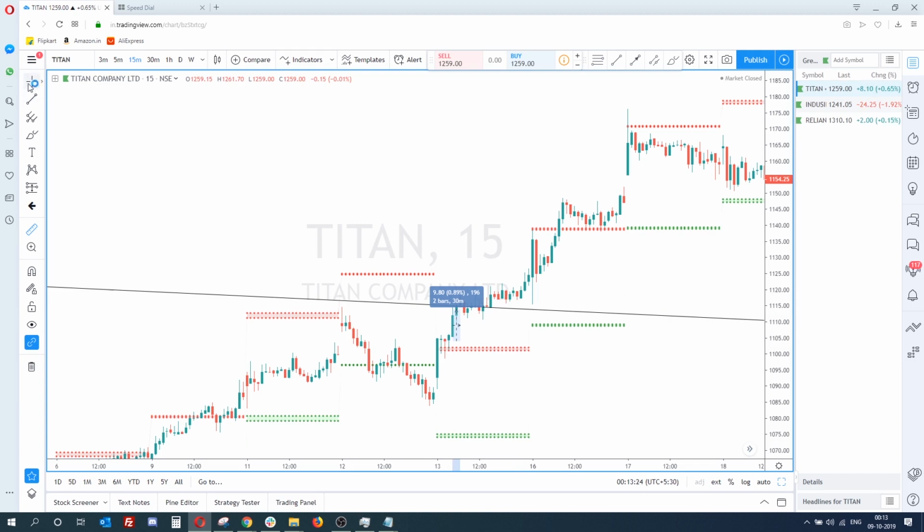Mostly I won't take the trade, because I am fine with a 9 rupees move in a 1000 rupees stock, because here it has given me more than 0.8%. So your target should be initially, as a beginner, always aim for 0.5%. We don't want anything more than 0.5%, because you will be taking leverage from the broker, right?